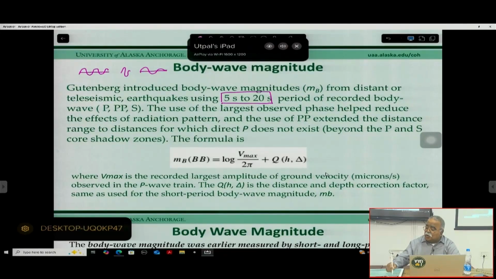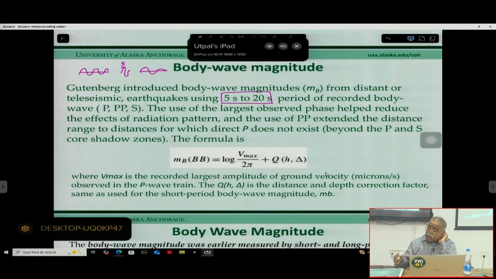This is your 5 second time period. We take the maximum amplitude at the 5 second period, or it might be the 20 second period. Any period between 5 and 20 seconds, if you can reliably measure that amplitude, you can take that, right?